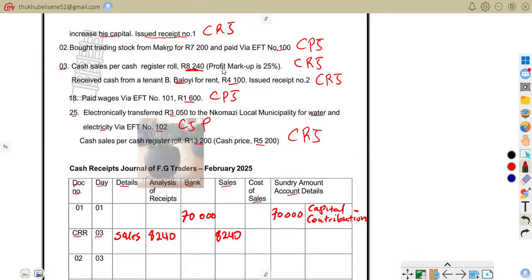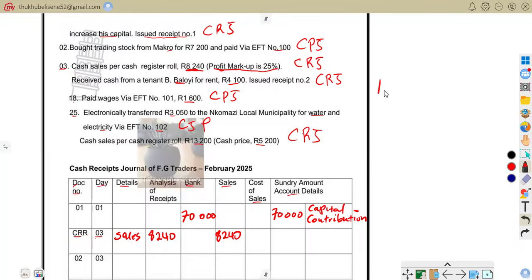That is why it says the profit markup is 25%. Sales is what? So for us to get the cost of sales, we are told that we have a profit markup of 25%. So we know very well that the goods are produced at 100% cost price. So now we are going to have one.